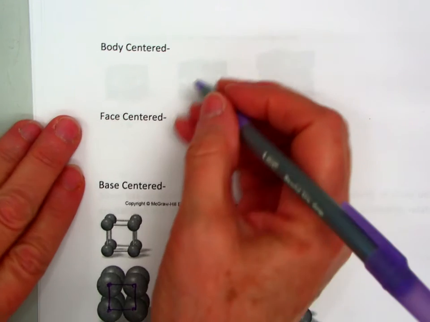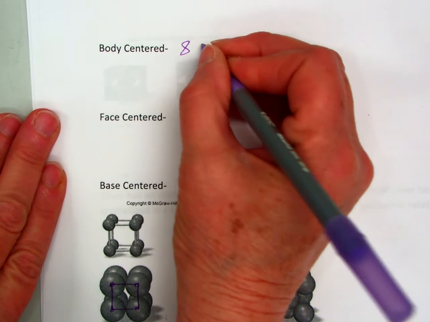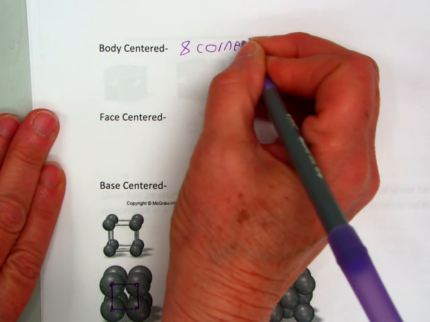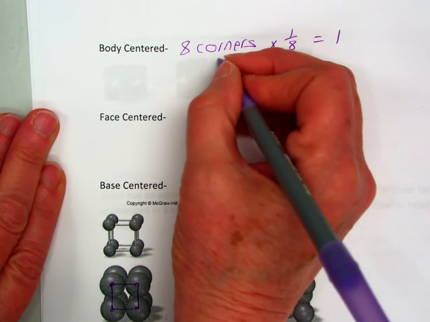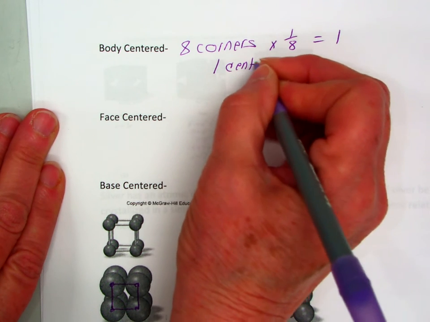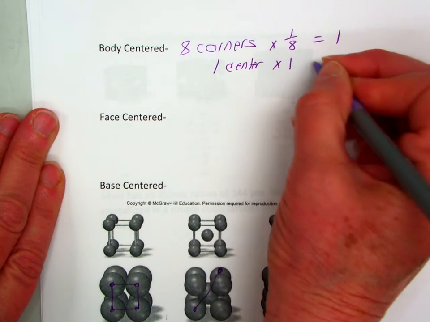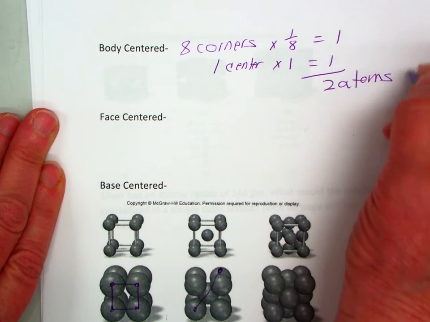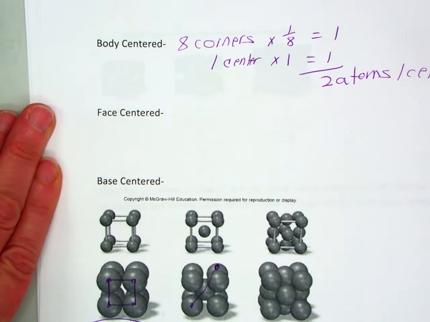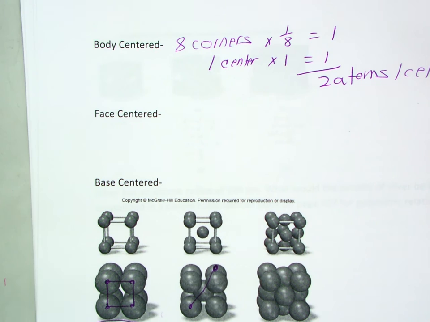So a body-centered cell has 8 corners with atoms times 1/8 is equal to 1, plus 1 center atom, and we own all of it, so that's equal to 1. So it's 2 atoms per cell. So in body-centered, we have 2 atoms per cell.